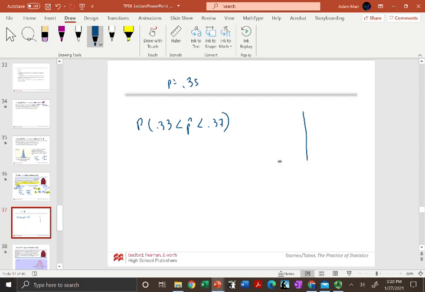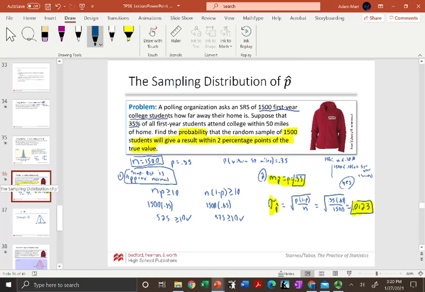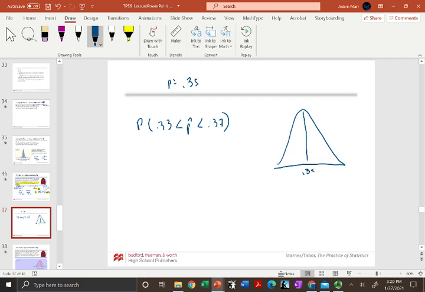So to figure this out, we're going to just draw a little picture right here. We had, once again, that the mean is 0.35 and the standard deviation is 0.0123. All right, one standard deviation above is going to be 0.3623.